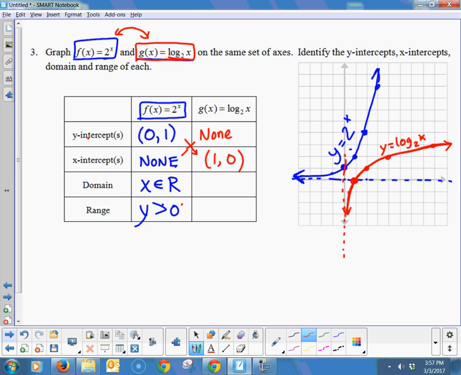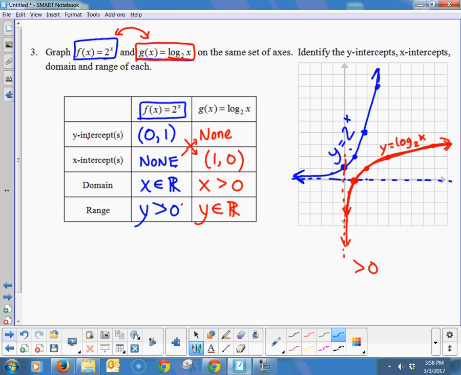It's like the opposite of that one. The domain of this thing, well, it's always greater than 0, so I'm going to say x is greater than 0, and it does go down forever, and it will keep going up forever, so my range is y is an element of the reals.